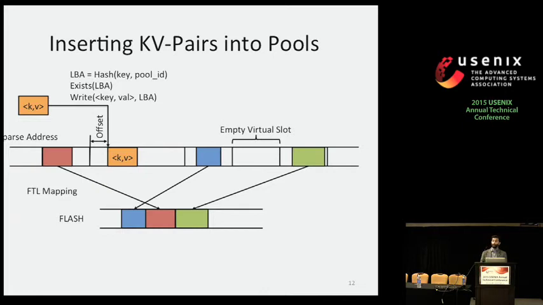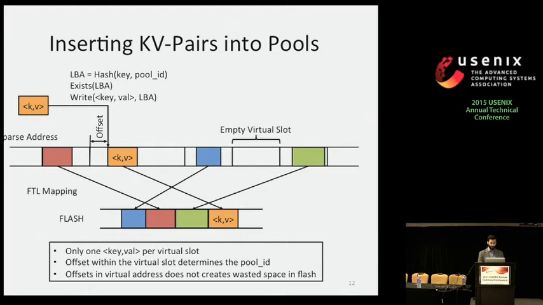And this offset could be 0 or bigger than 0. What it's telling us is which pool this key-value pair belongs to. This allows us to have no extra metadata and very efficiently determine whether this key-value pair belongs to one pool or another. And of course, once we define the offset, we write it and everything remains the same.